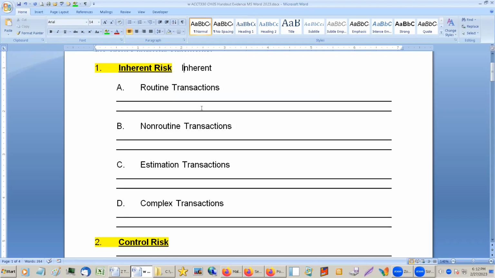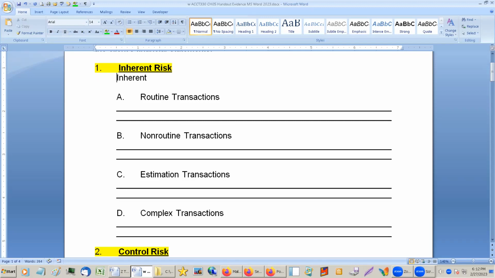Inherent risk is the risk that a material misstatement will occur.